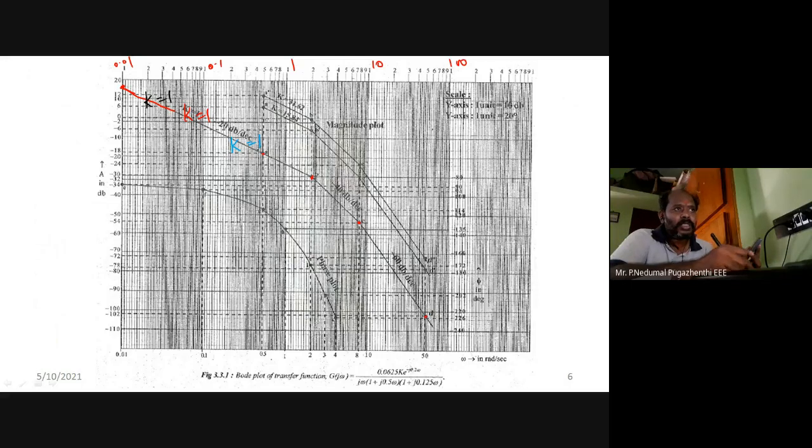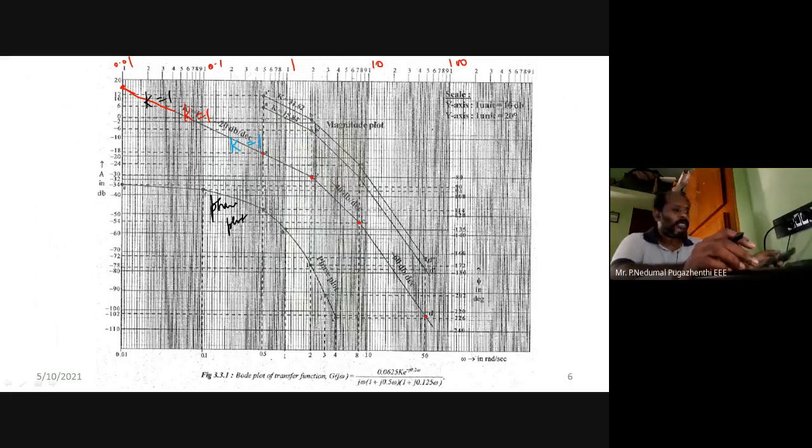Now you can see that this is the plot, the first one, k equal to 1. For different values of omega, you can also plot the phase angle. We have already discussed that, so you will get this phase plot. And this is your magnitude plot for k equal to 1.